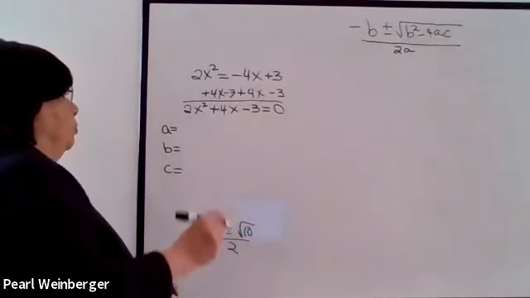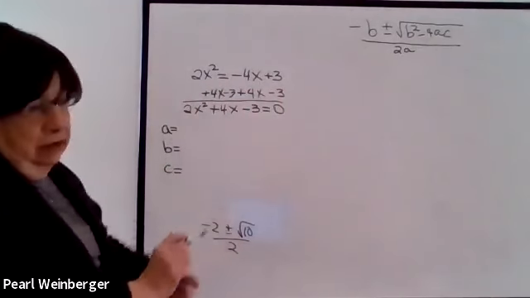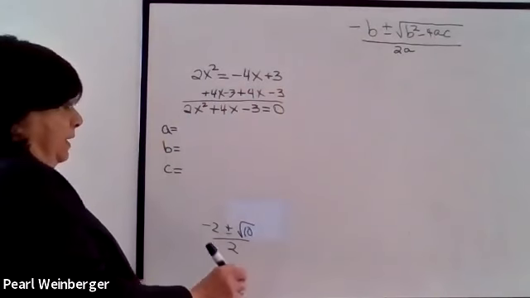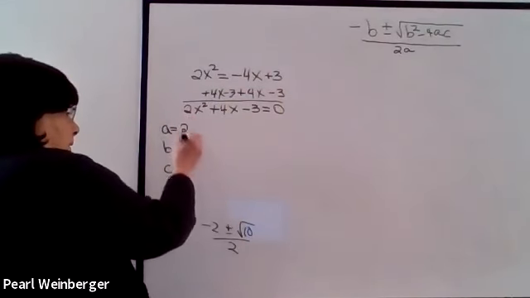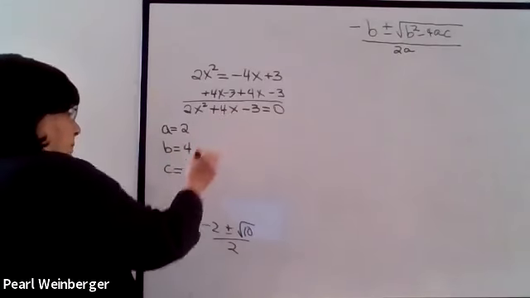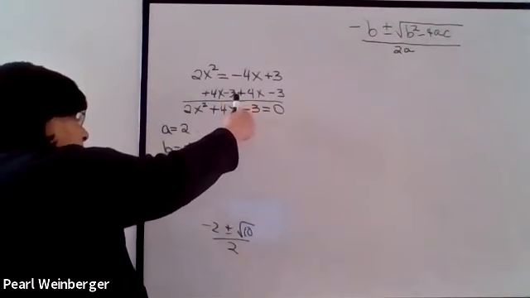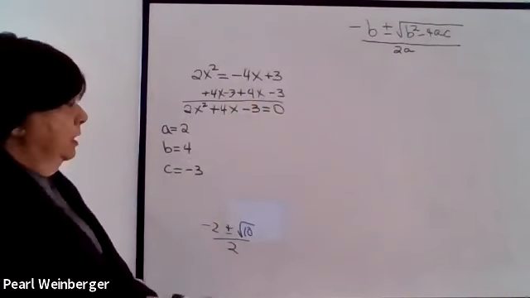Again, the formula only works if you have it in the format equaling 0. And now I can pick out my A, my B, and my C. My A is 2, my B is 4, and my C is negative 3. Don't forget, since this says minus 3, the negative is part of the C.